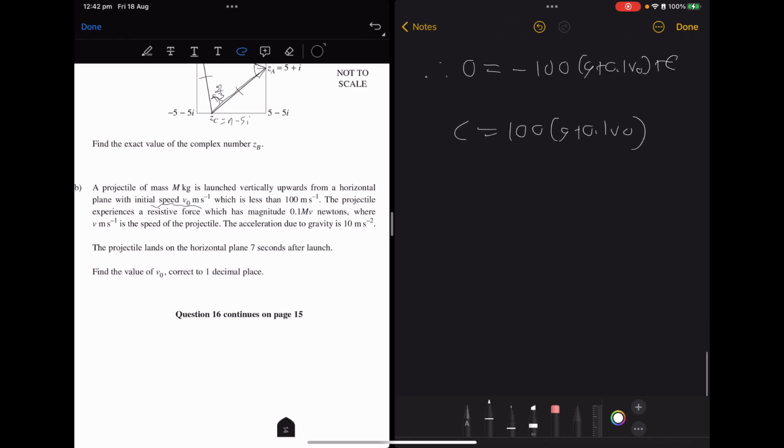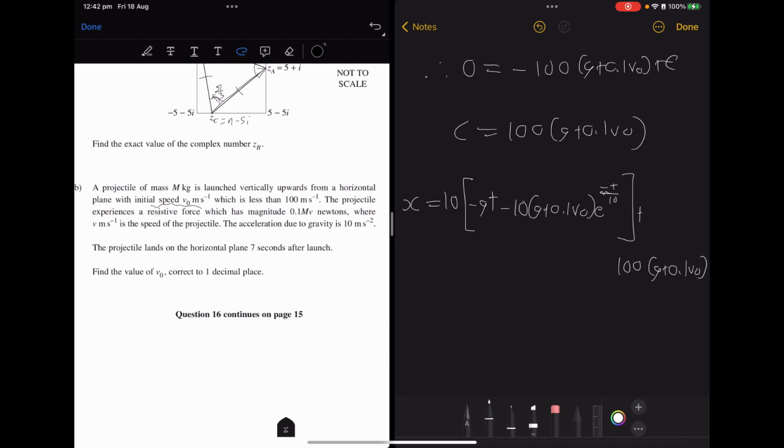Summing that all in, we get this really big equation of x is equal to 10 times negative gt minus 10 g plus 0.1 v naught e to the negative t over 10, plus, let's add c down here, 100 g plus 0.1 v naught.